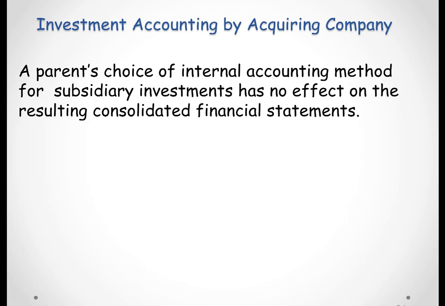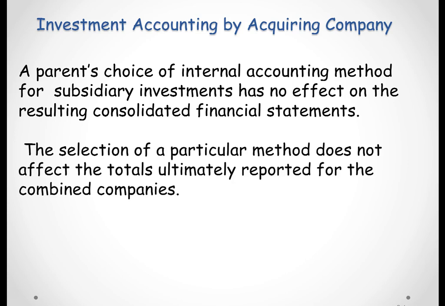A parent's choice of internal accounting method for a subsidiary investment has no effect on the resulting consolidated financials, which means you're going to get the same results for the consolidated financials regardless of what method you use. The selection of a particular method does not affect the totals ultimately reported by the combined companies.